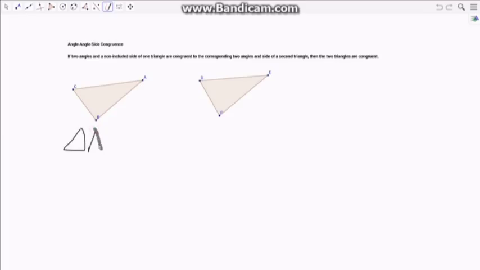This is triangle ABC, and this is triangle DEF. The statement says two angles. For example, angle C should be congruent to angle D, and angle B should also be congruent to angle F.